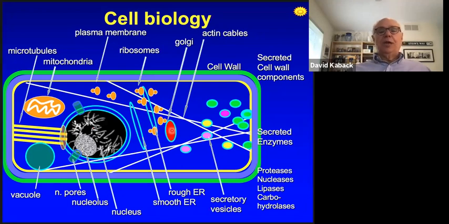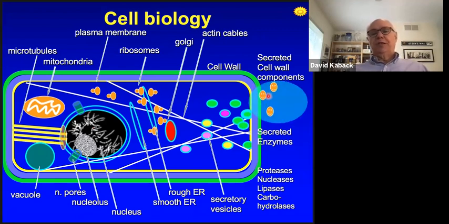Those vesicles then go into the Golgi, where they're sorted out into a rainbow of different kinds of vesicles that then get transported to the growing tip of either the yeast cell or the hyphae, where if we're making cell walls, some of those vesicles will secrete cell wall components, whereas other vesicles will secrete all those hydrolases, proteases, nucleases, lipases, and most important, carbohydrolases that will turn cellulose or other carbohydrates into simple sugars, which can be transported in and used for fungal growth.